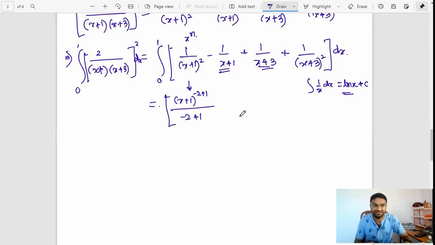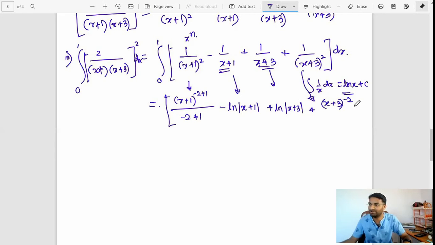Okay, that's it. Then for this one, negative ln of mod of x plus 1. Then for this one, it's a positive ln of x plus 3. Then for this one, we have (x plus 3) raised to negative 2 plus 1 divided by negative 2 plus 1.